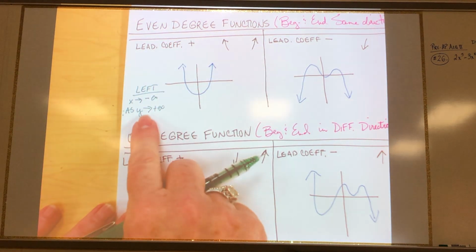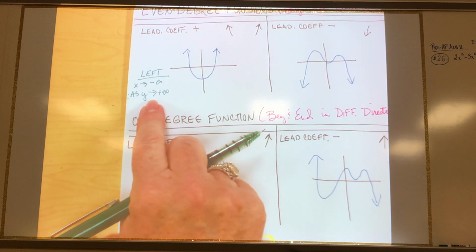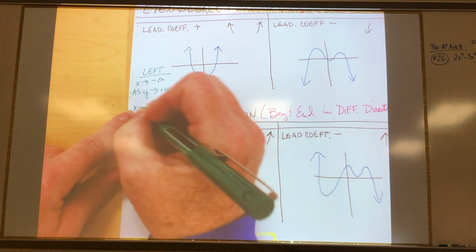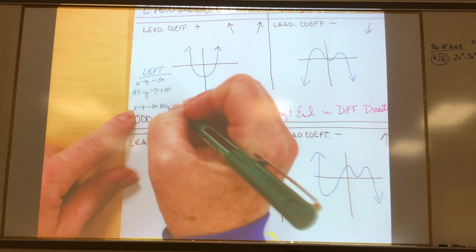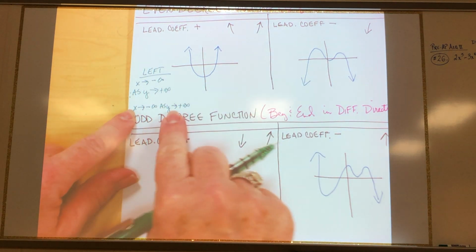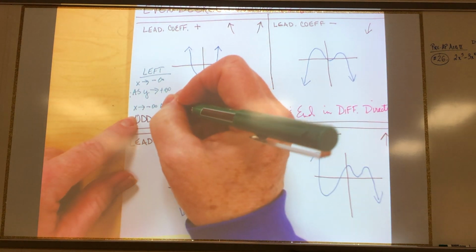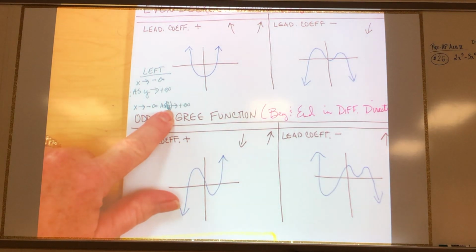Kind of a weird way to write it. Now look, I wrote mine in 2 lines because I like it better that way. But even if they write it this way, x approaches negative infinity as y approaches positive infinity. This is the same thing as this. Yes, f of x, sorry. Y'all watch me because I keep saying y. F of x approaches positive infinity. Okay, are you with me?